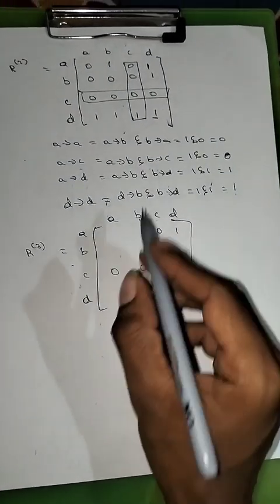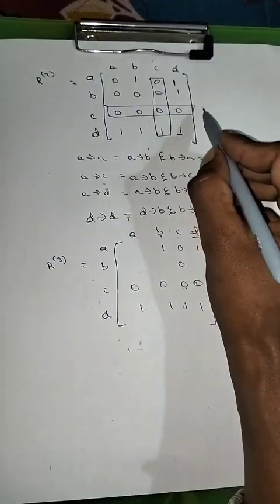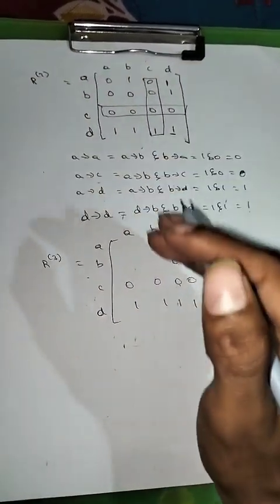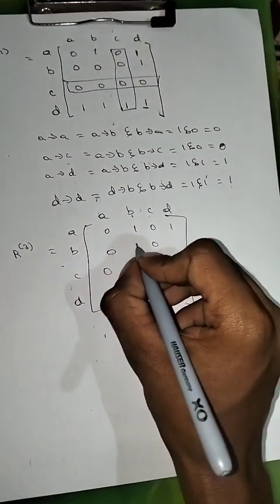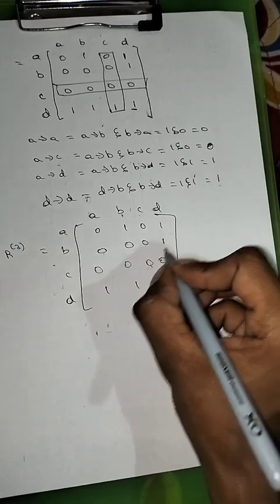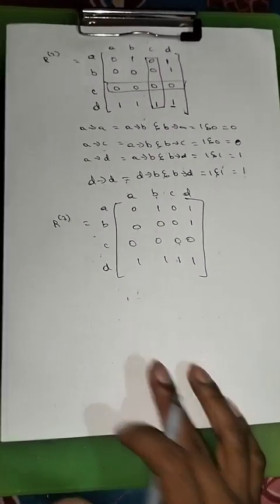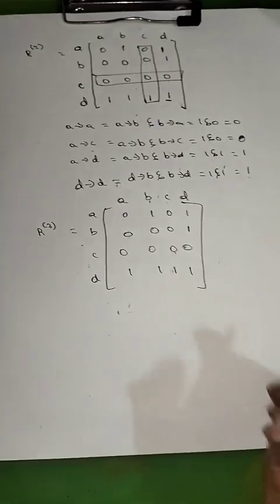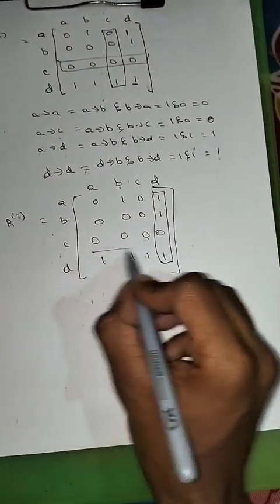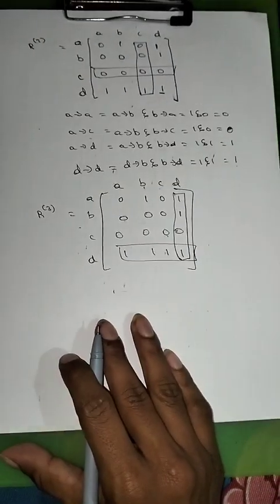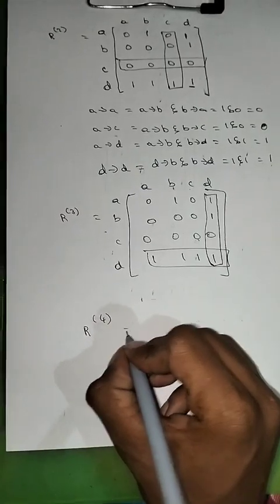Since we are writing with respect to the third column, as the third row elements are all zeros, we get the same matrix as R3. So 0, 0, 0, 1 and we write the same matrix. And next we are going to mark the last row and last column, that is with respect to vertex D, we are writing R4.